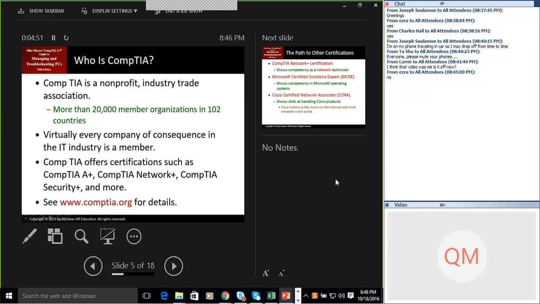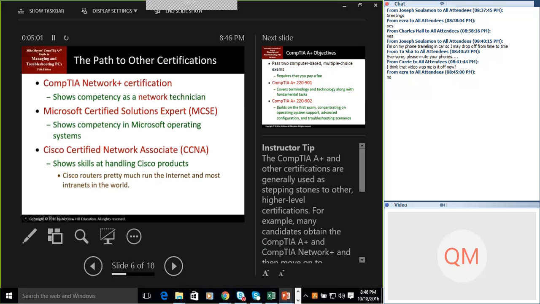And, of course, you go to the website, and it gives a bunch of details about the organization and certification. Their website is a good reference for information. So, like I said, the Network Plus shows competency as a network technician. The Microsoft Certified Solutions Expert, that's all about Microsoft operating systems, and that's not just Windows, but you're getting into the Windows Server side as well.